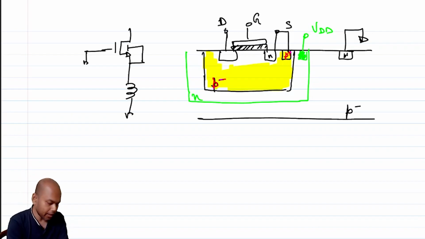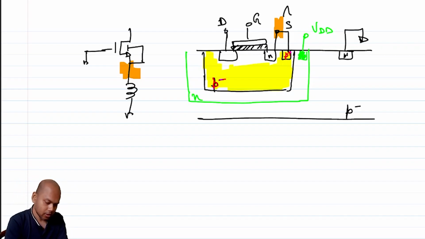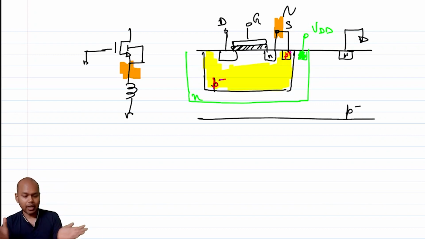It is of course swinging, because what is this yellow tub? This tub, this source terminal is essentially this source terminal, right? It is swinging. This guy is swinging, which means now the entire tub is swinging, right?